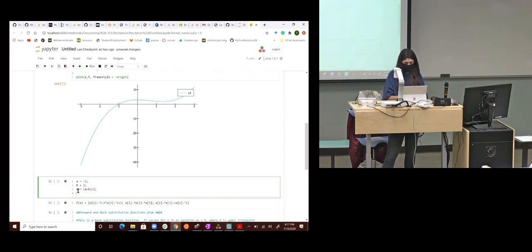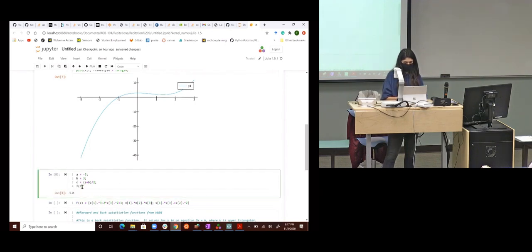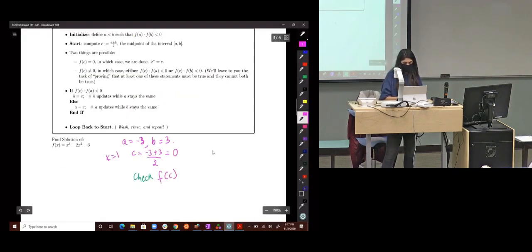And then we said, I want to see f of c. F of c is 3. Is it equal to 0? So in Julia, we found f of c was 3. It is not equal to 0.